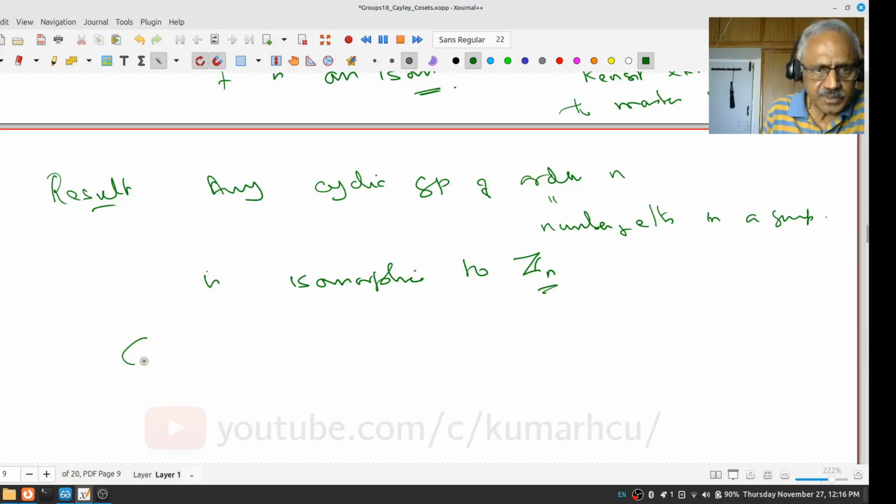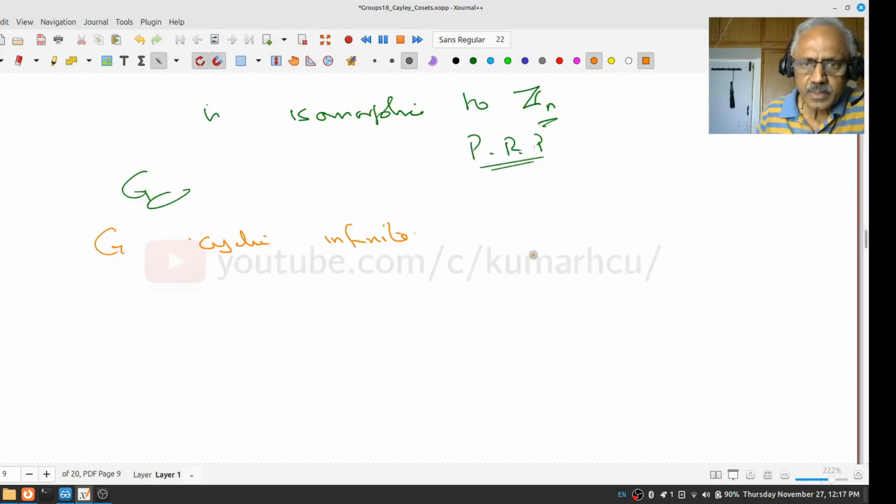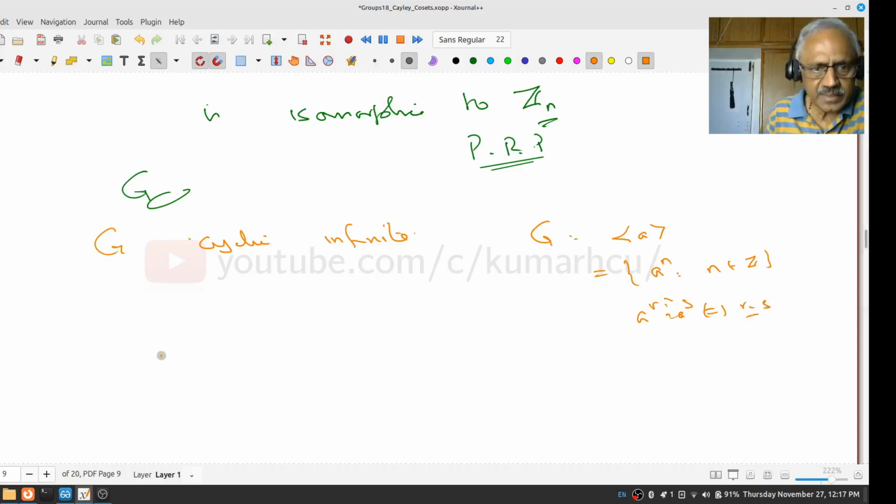Okay, now suppose G is an infinite cyclic group. Suppose G is cyclic but infinite, right? So let's look at G equal to the cyclic group generated by A, but then this is A power n and n is over Z, and all A power n's are distinct. That is A power r equal to A power s if and only if r equal to s, right? Now again the same map we have from Z to G, n going to A power n.